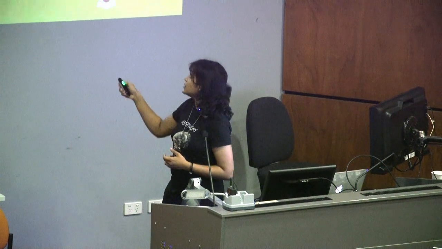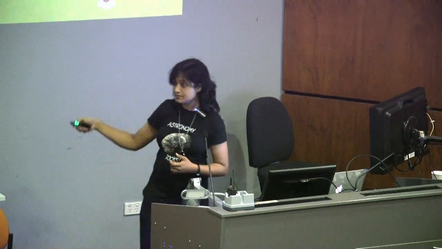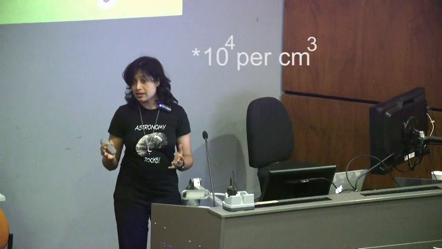I'm looking for massive stars. And why? Because these are all showing ammonia. Ammonia is good to find high mass stars or massive stars. The reason is high mass stars have a really high critical density, and ammonia's critical density is 10 to the power 4 per centimeter cube.